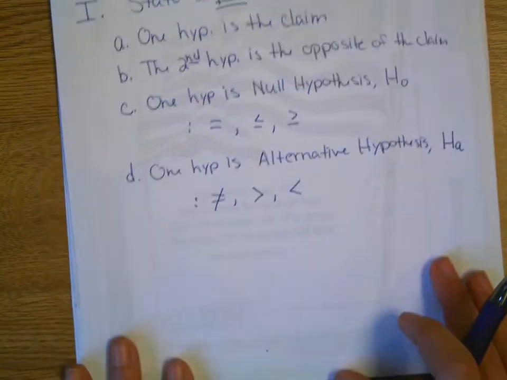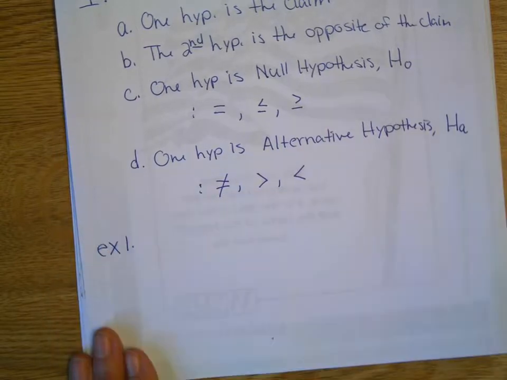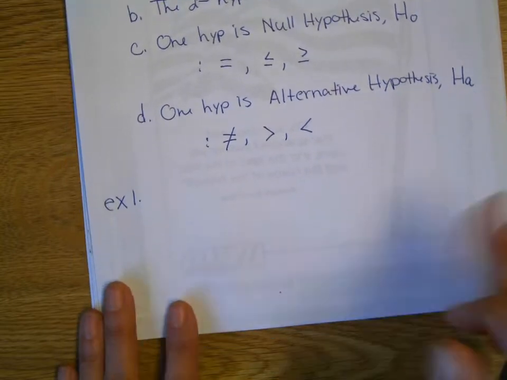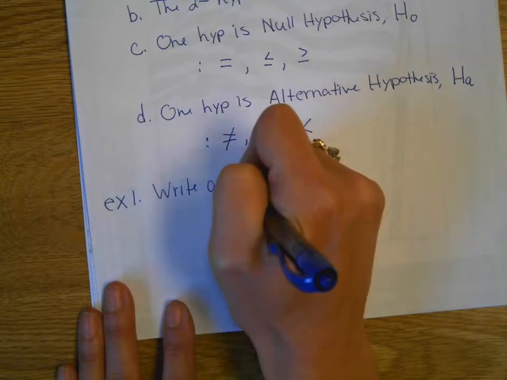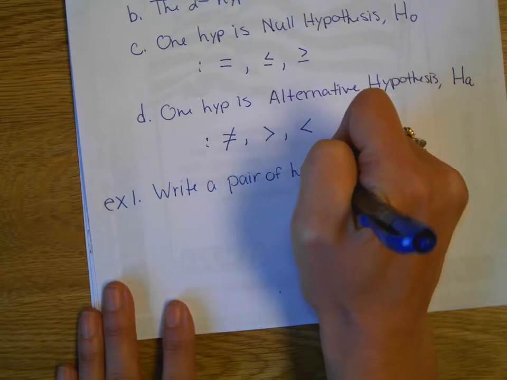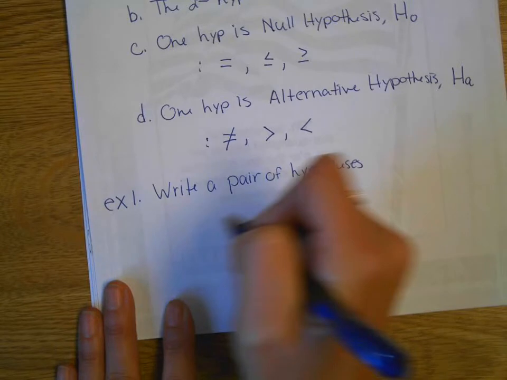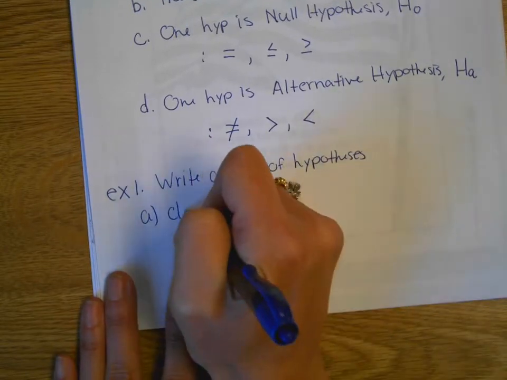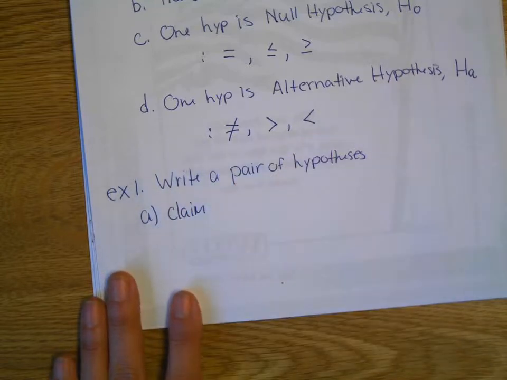Alright, so what we're going to do now, for our first example, is given the claim, write a pair of hypotheses. So the first claim that's being made is being made by that battery company.